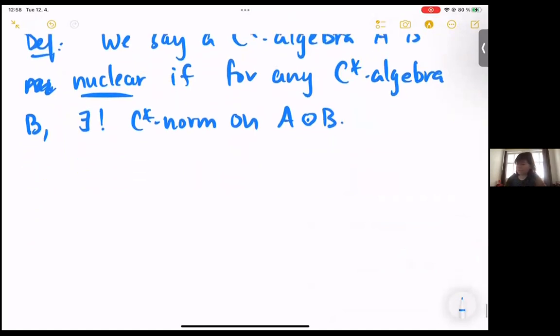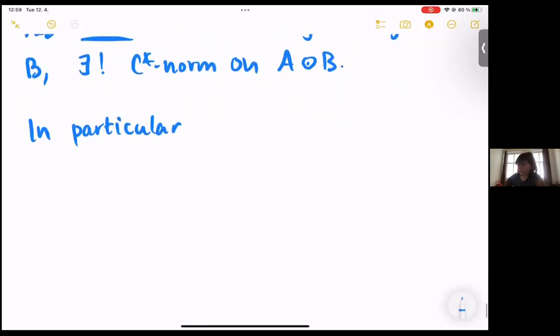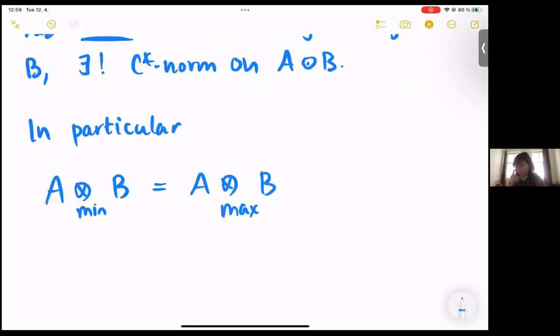So what does that mean? That means, in particular, the min and the max norms always agree. And since any other C-star norm is in between, all of these C-star algebras are the same, I guess probably just up to isomorphism.